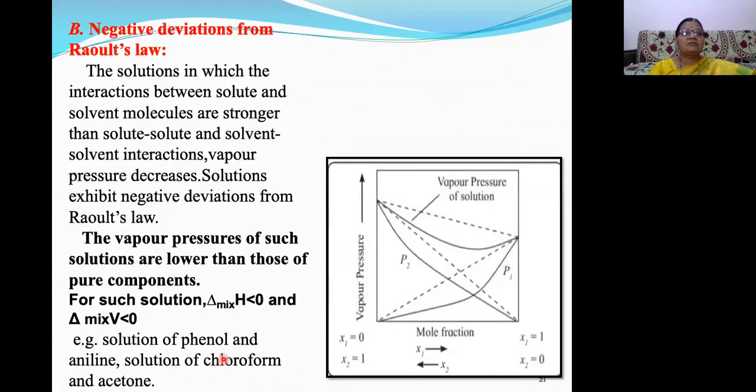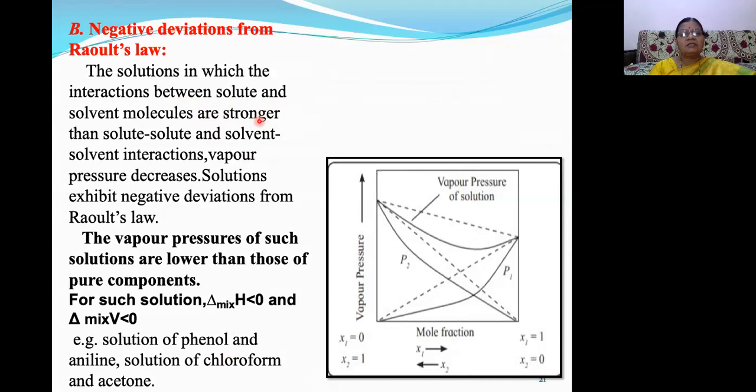Negative deviations from Raoult's law. Solutions in which the interactions between solute and solvent molecules are strong. Strong in comparison with which interactions? Solute-solute and solvent-solvent interactions.